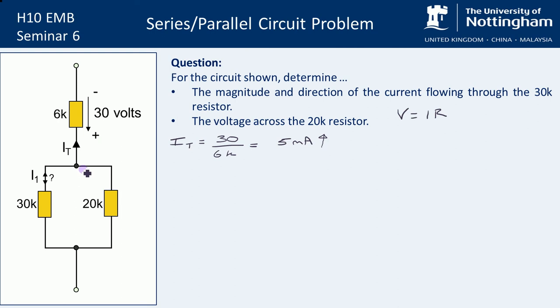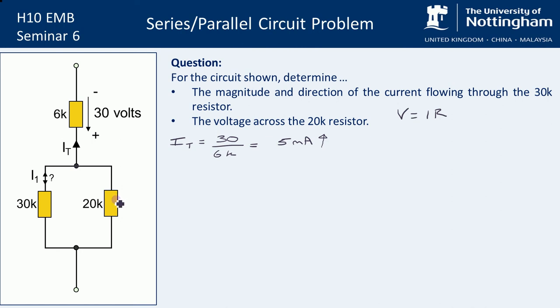Now that we've got IT, we can go about finding the voltage drop across the next bit of the combination. So remember when we talked about what happens to the voltage across these resistors. For resistors in parallel, you've got the common voltage point here, so the voltage drop will be the same across this 30k resistor and across the 20k resistor.